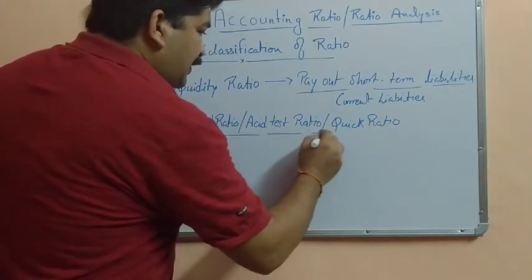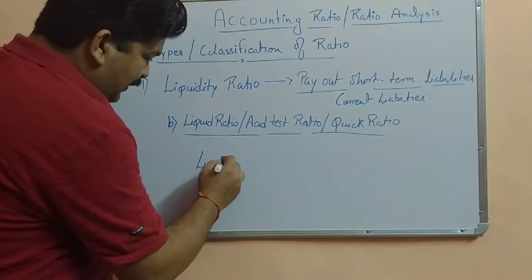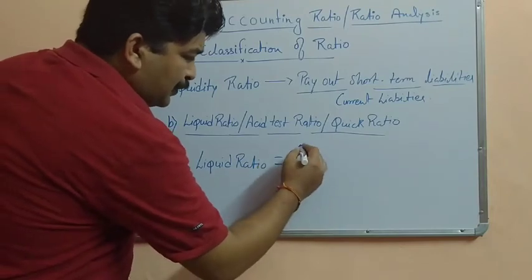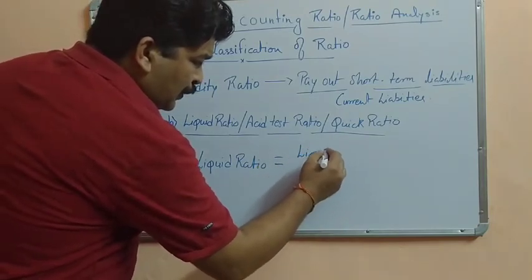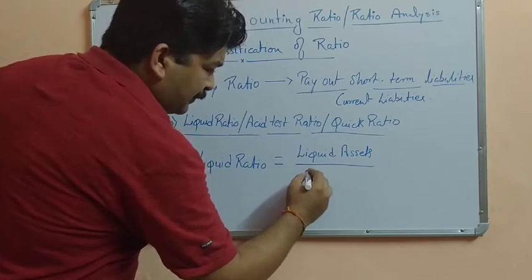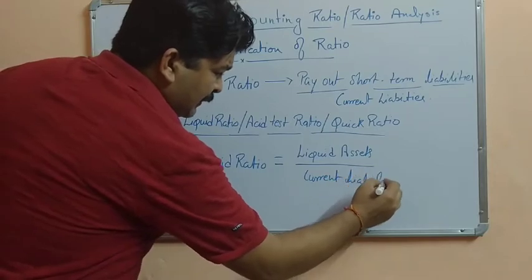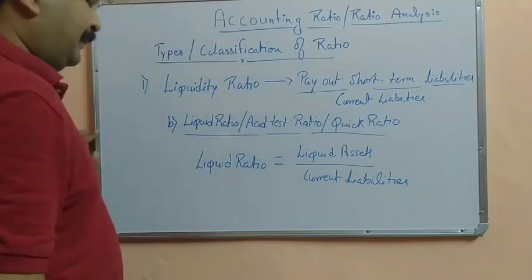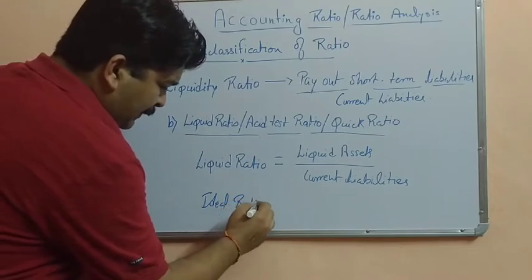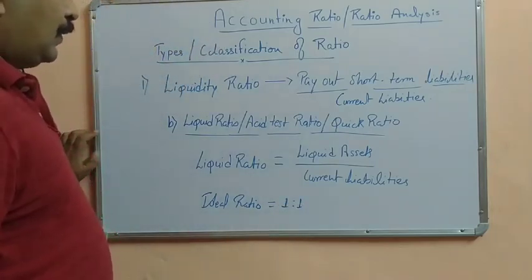With these three names known, the formula to calculate liquid ratio, acid test ratio or quick ratio is liquid ratio equals liquid asset divided by current liabilities, and the ideal ratio is 1:1. Okay.